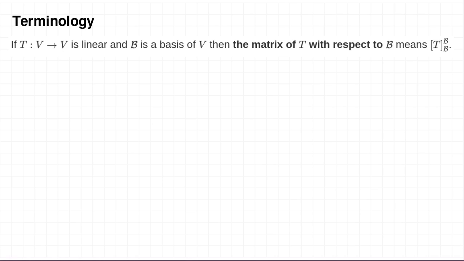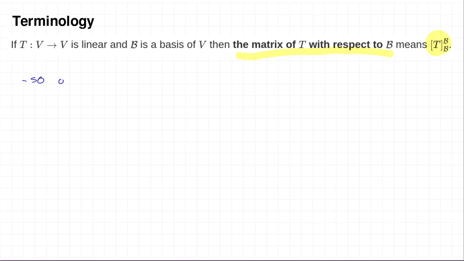So if you have a linear map T from a vector space to itself, like we did on the previous slide, and if you have a basis curly B of V, then if somebody says the matrix of T with respect to B, so they don't say with respect to some initial basis and some final basis, they just say the matrix of T with respect to B, what that means is the matrix of T with respect to initial basis B and final basis B. So what we would have written as T superscript B subscript B.